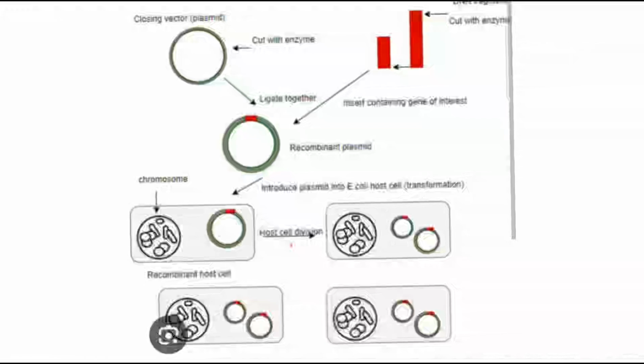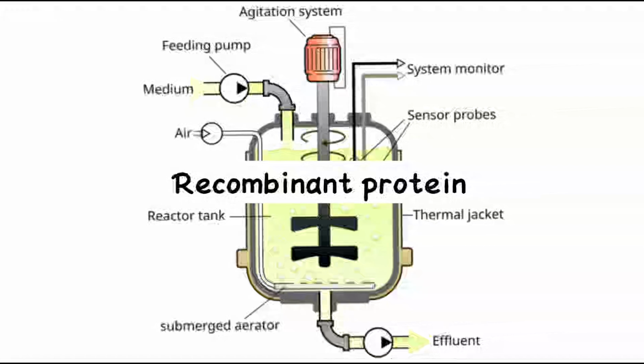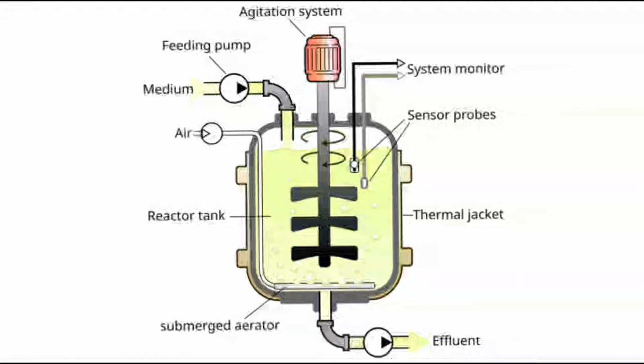Now here, what is a recombinant protein? It is important: if any protein-encoding gene is expressed in a heterologous host, it is known as a recombinant protein. The cells harboring the cloned gene of interest may be grown on a small scale in the laboratory, and this culture may be used for extracting the desired protein and then purifying it by using different separation techniques. Now you must know some names of these techniques.